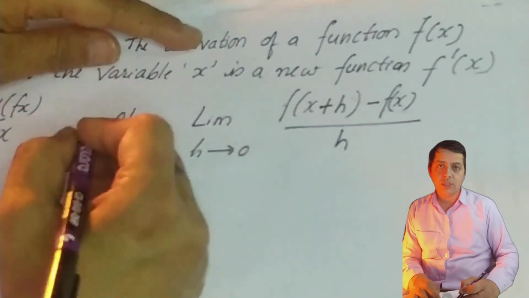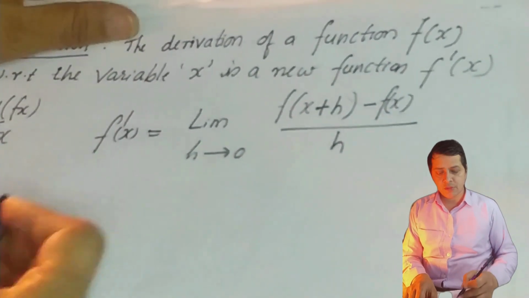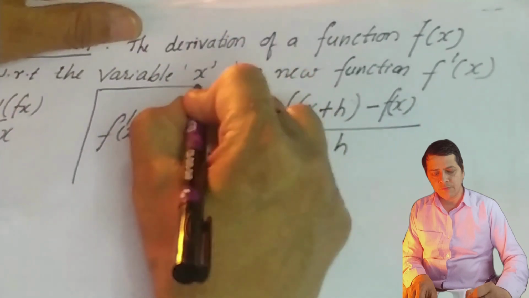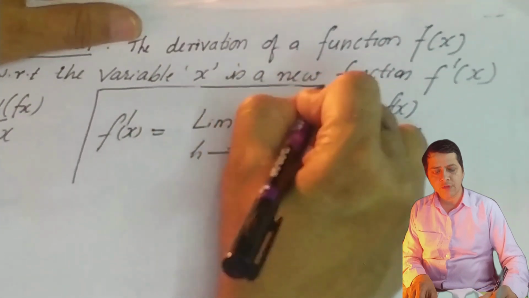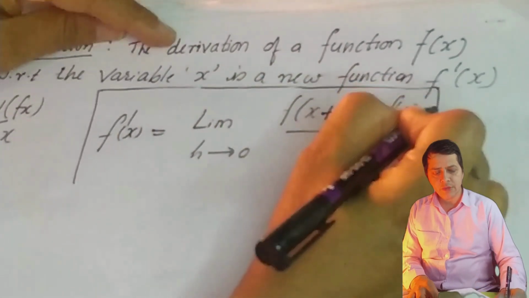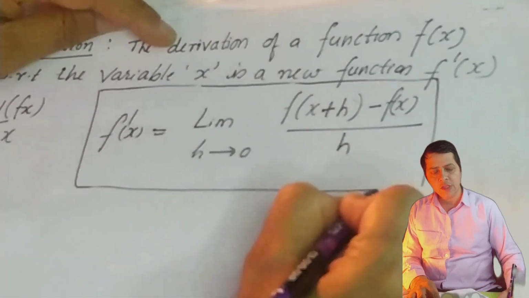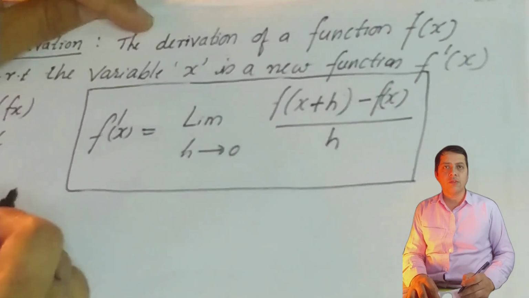So this is what the function starts with, my friends. We have an object moving with a certain velocity, and when its velocity changes from one point to another, we go with these kinds of derivatives.